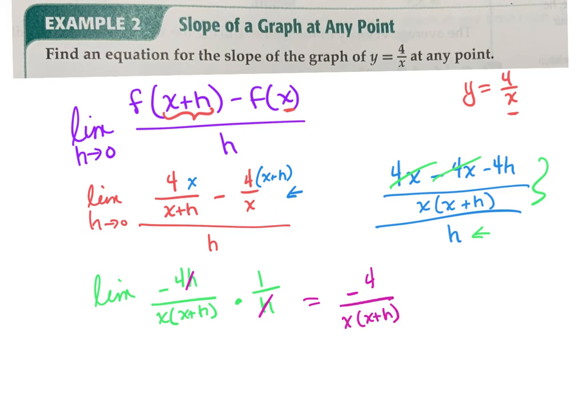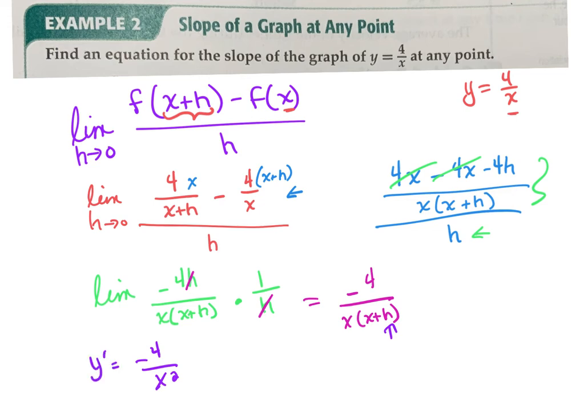But I am doing the limit as h approaches 0. Can I plug in a 0 without causing a problem? No. Yes, I can. All right, if I plug in a 0, no problem. What's my answer? Negative 4 over x squared. This now gives me a new function.